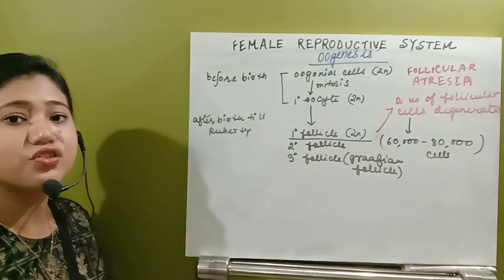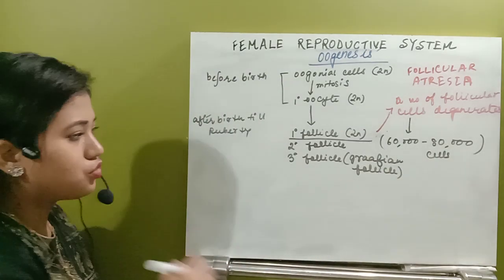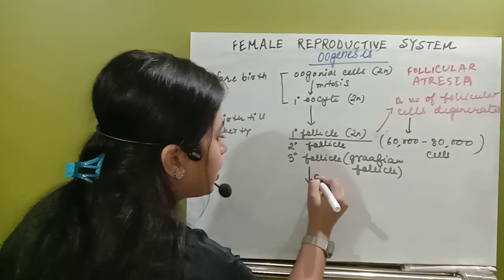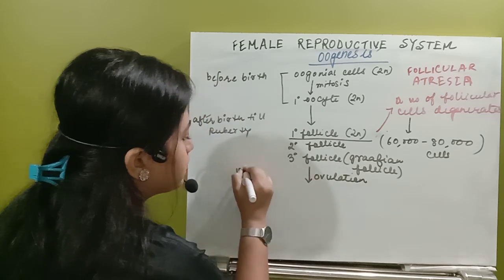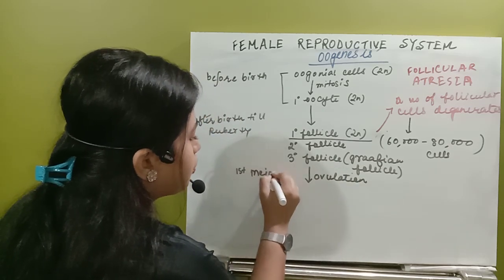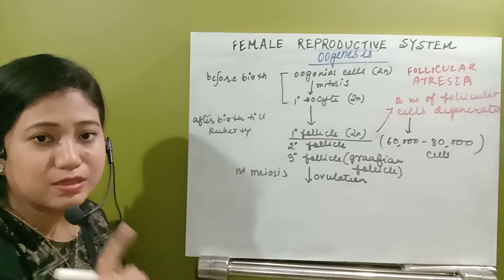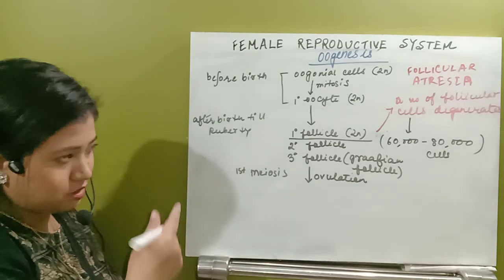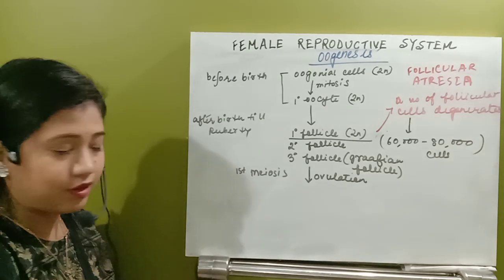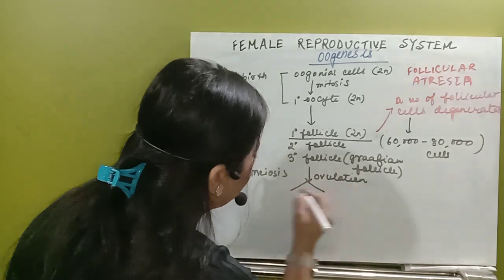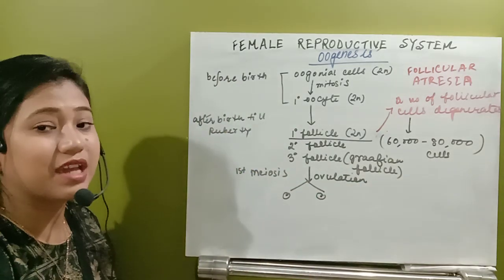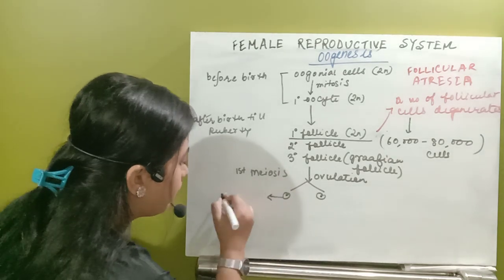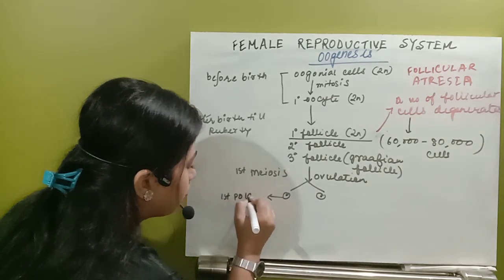We'll have the process of ovulation. Whenever ovulation occurs, the first meiosis completes, and this tertiary follicle or Graafian follicle will form two cells: one is the first polar body and the other is a secondary oocyte.